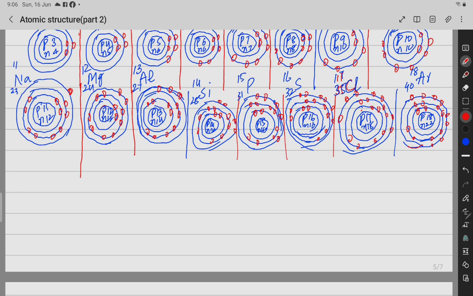In period 4 we need to draw the electronic structure according to O-level syllabus. In period 4 there are 2 elements, that is potassium and calcium. Potassium is present in group 1 and period 4, so it has 4 shells.